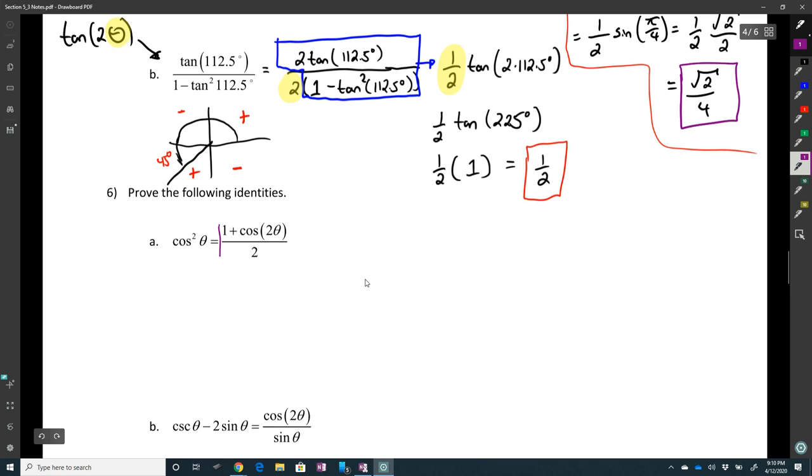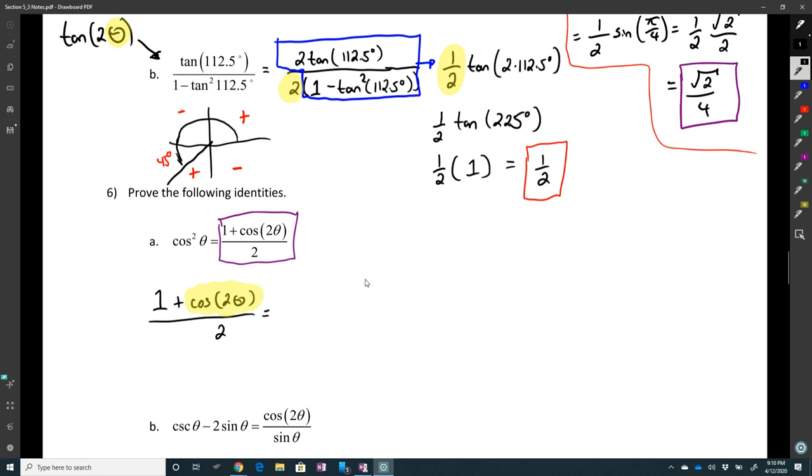We're going to start with the more complicated side. So this is 1 plus cosine of 2 theta all over 2. I know that cosine of 2 theta, based on the formula, and it's up to you which one you want to use, but I'm going to use the first one.